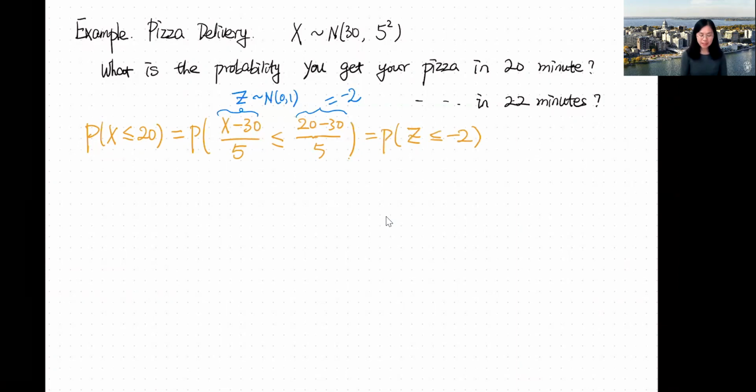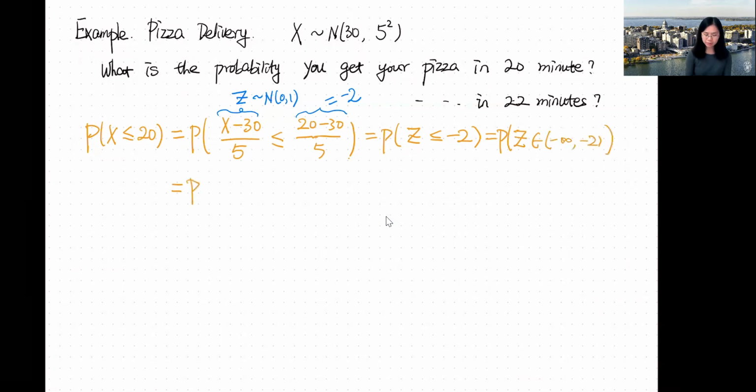The probability that Z is less than or equal to -2, how do you find that? That can be found by first using the symmetry. The probability that Z is less than or equal to -2 is the probability that Z belongs to -infinity to -2.